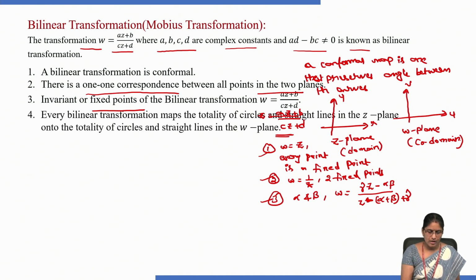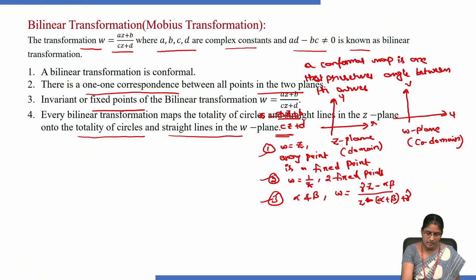Next point here is every bilinear transformation maps the totality of circles and straight lines in the z-plane onto the totality of circles and straight lines in the w-plane. So this is another important point in Mobius transformation.